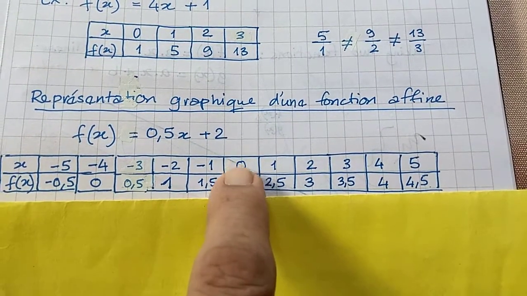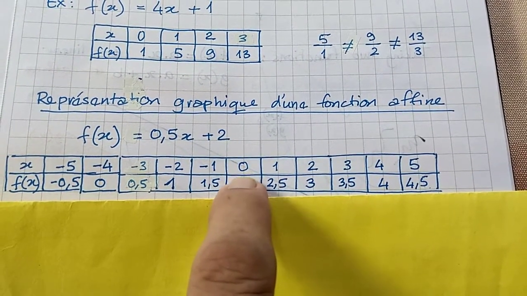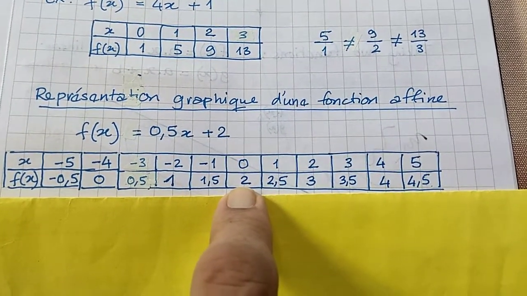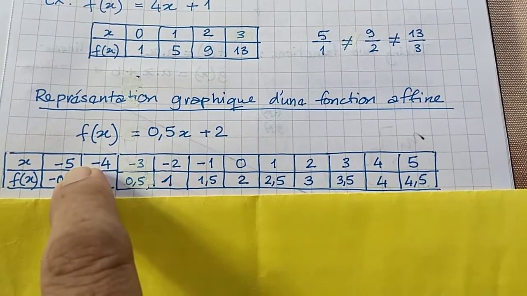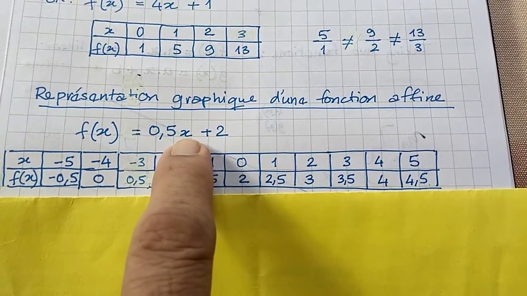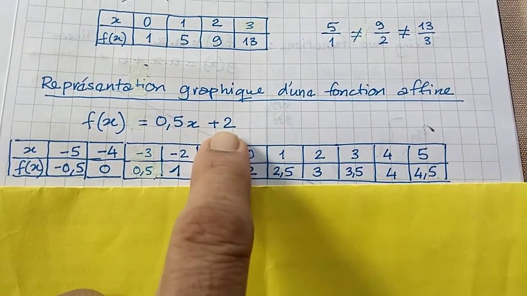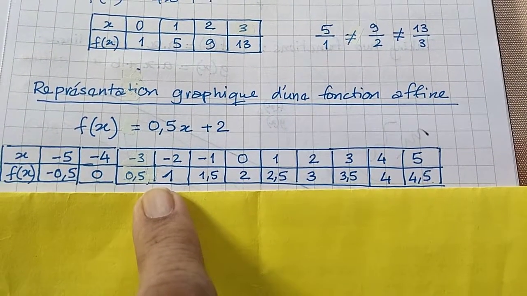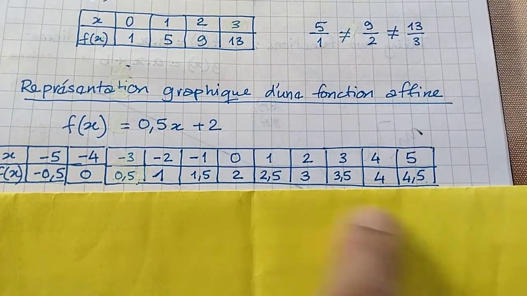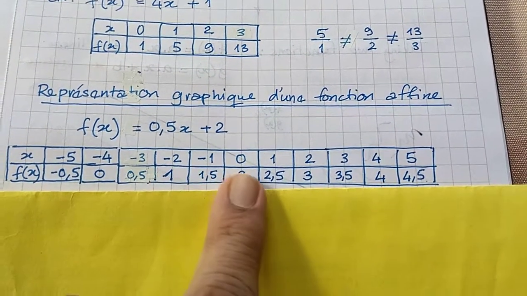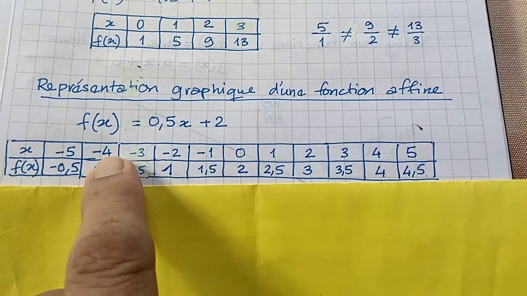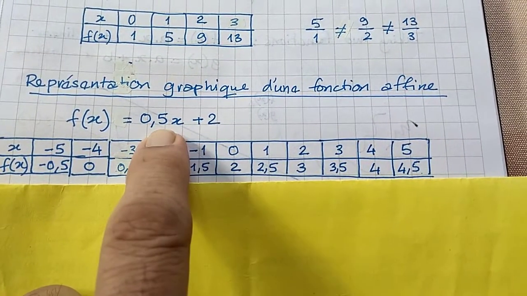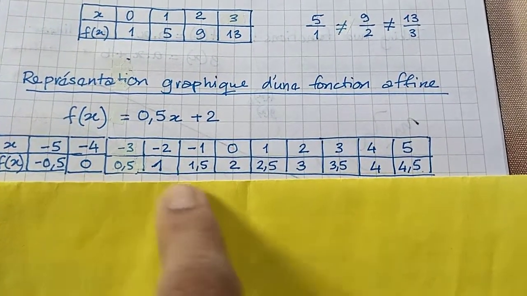Remember, in a linear function you would get 0 here, but this is an affine function, so you get a non-zero number. Similarly, if you take -5, -5 into 0.5 is -2.5, plus 2, you get -0.5. If you like, you can pause the video and calculate a few of these values right now. For example, -4, 0.5 into -4 gives us -2, plus 2, it gives us 0.